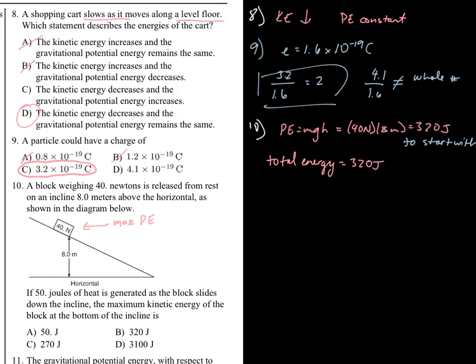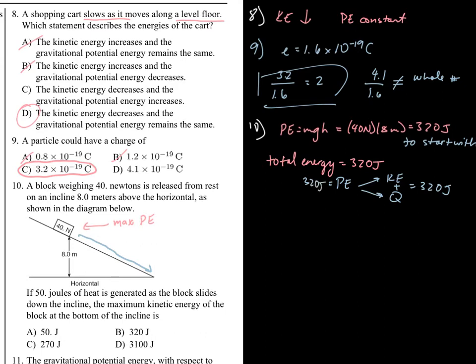So as it slides down the incline, potential energy is transformed into both kinetic energy because it's moving, and into internal energy, Q, because heat is generated. So the sum of kinetic energy and internal energy should still equal 320 joules.